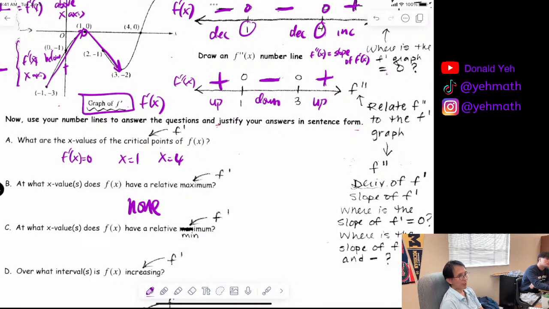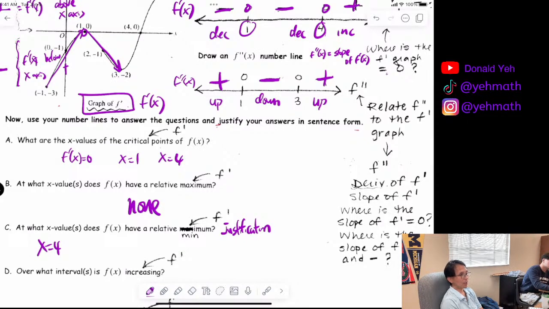At what x value does f of x have a relative minimum? At where? x equal to what? Okay, if the AP exam asks you to justify, you better write this down. Justification.